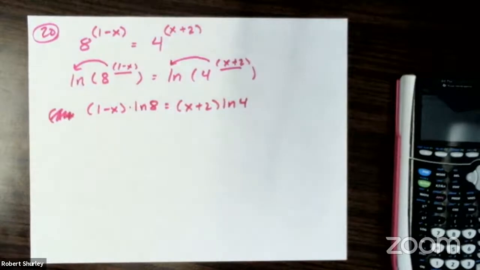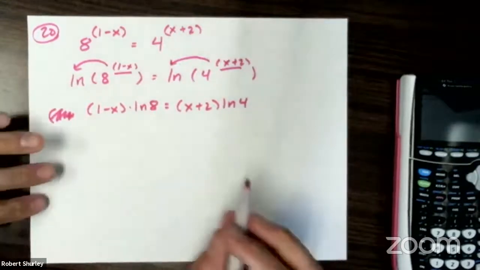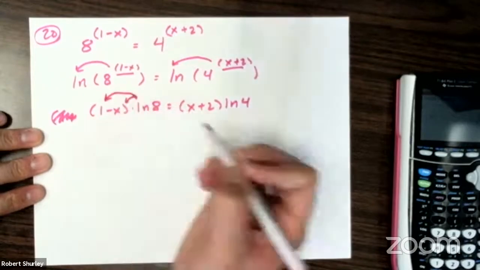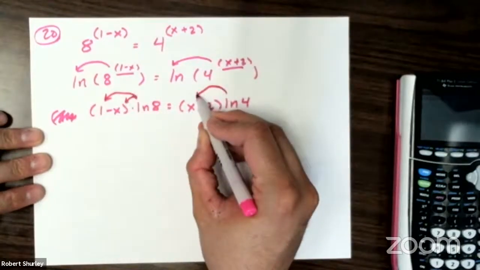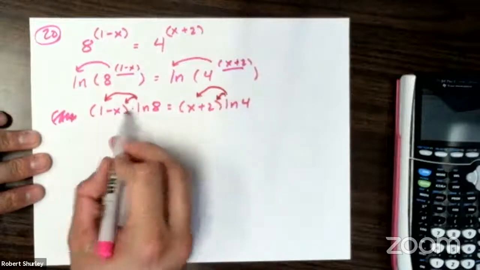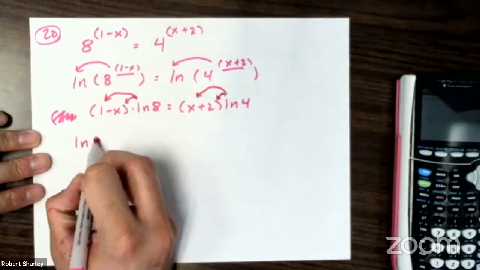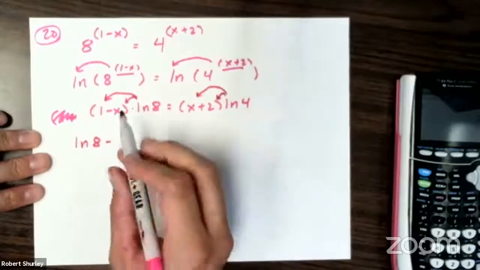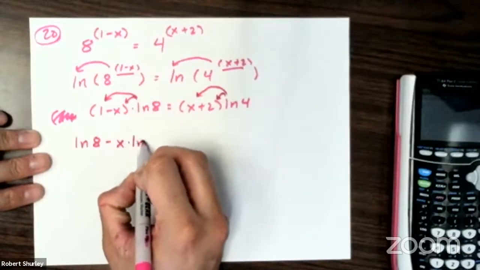Okay. So now we have to think about what to do. Well, the way to solve these is to get rid of the parentheses first, right? So I've got to distribute this ln 8 to both terms in here, and I've got to distribute this ln 4 to both terms. So look, 1 times anything is itself, minus x. Now I can't multiply these necessarily, but I'm just going to make the x the coefficient.